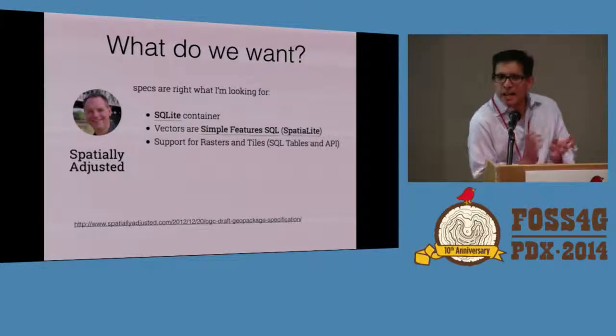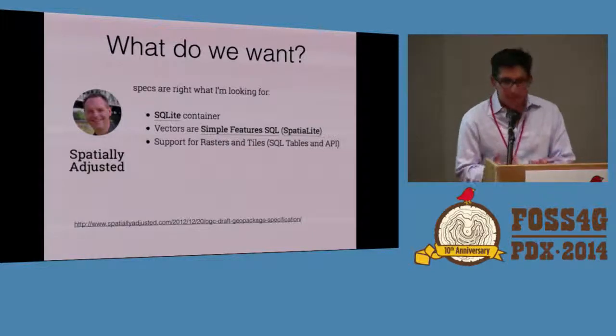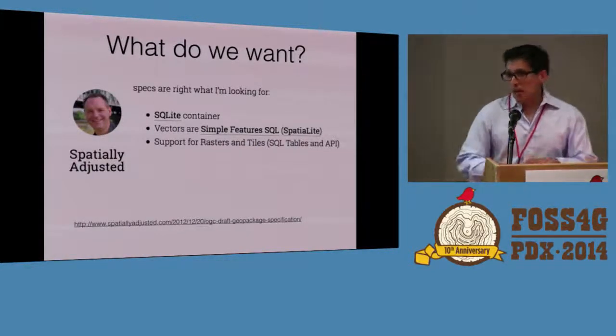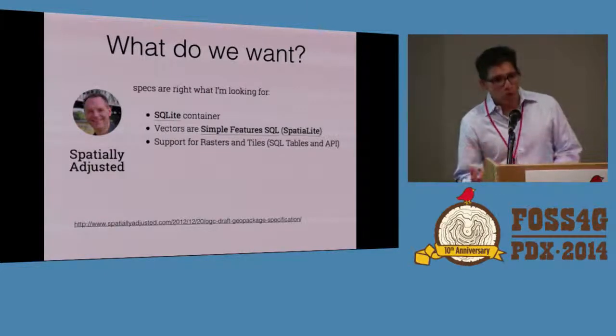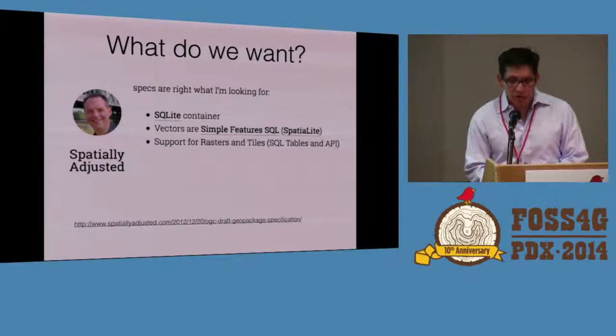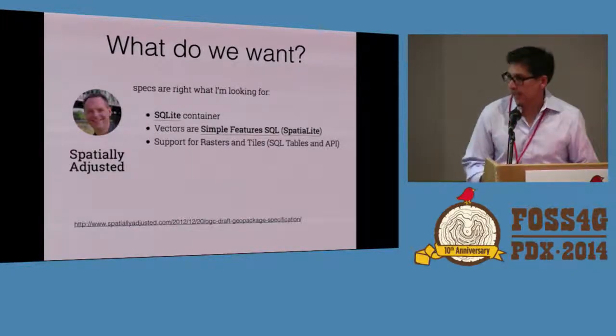That you can interact with as if it was a database, that we can use simple features, which is, I think, one of the most used data models for vector because it's very simple, and also that can support raster and tiles.